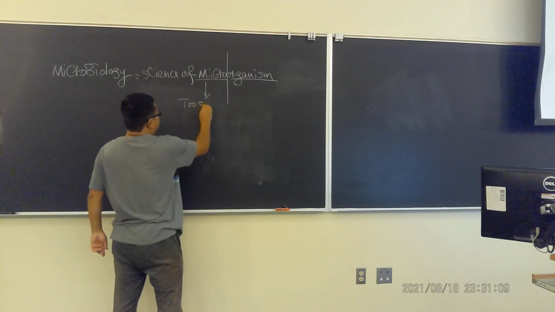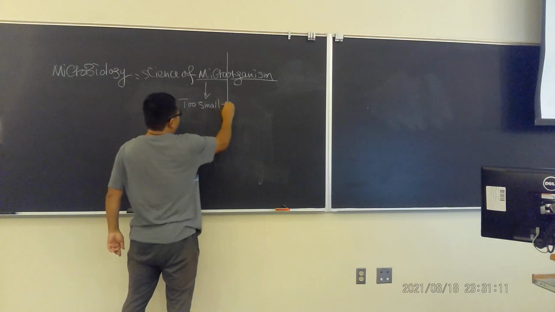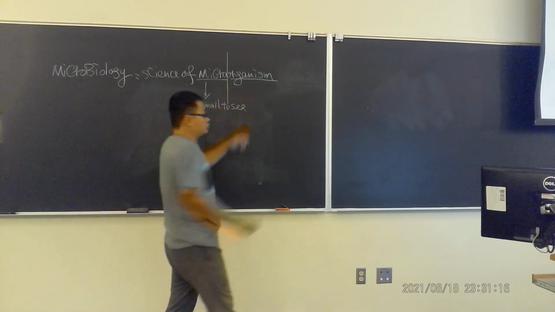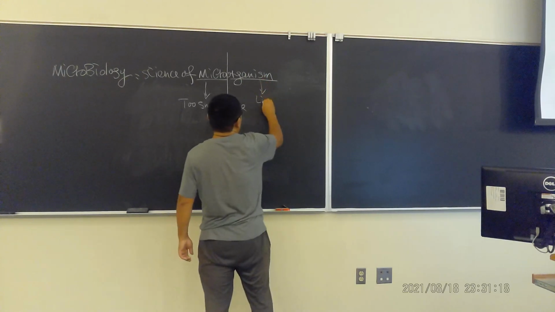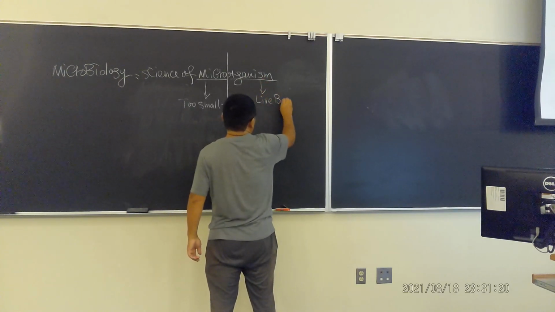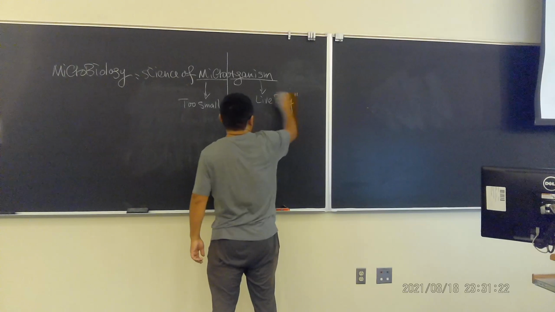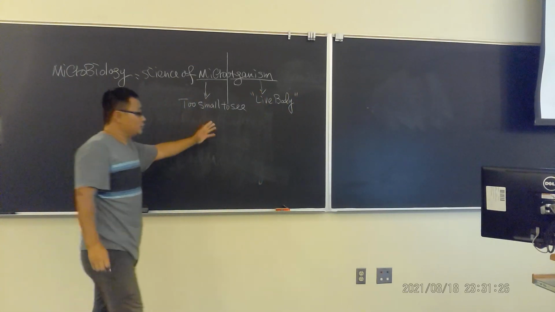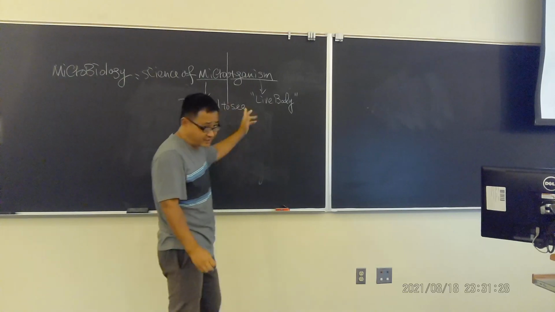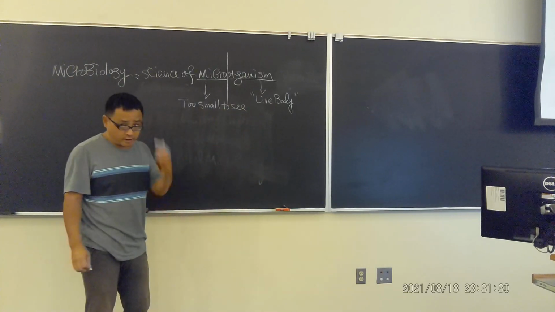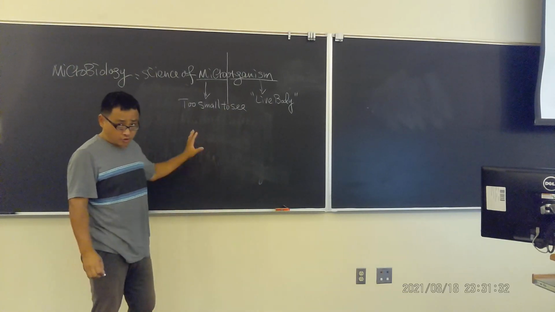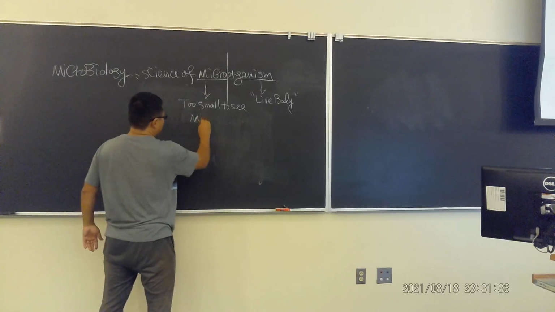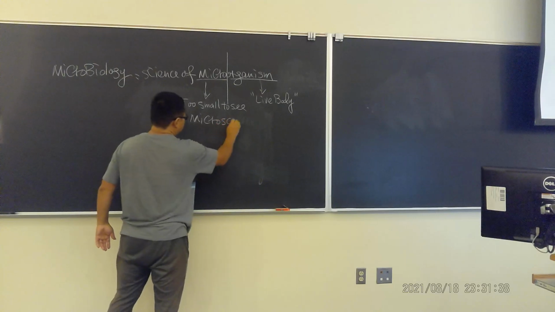Too small to see. Is that right? What is organism? Live body. So you understand what microorganism means. A live body that is too small to see with naked eyes. We can't use our eyes to see. We need to rely on a tool called microscopy.